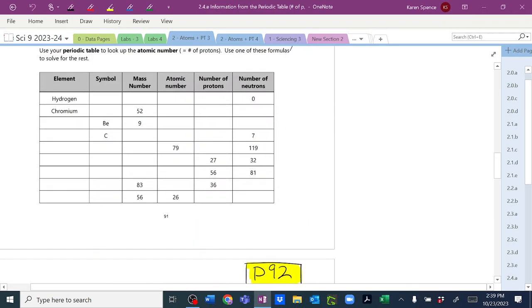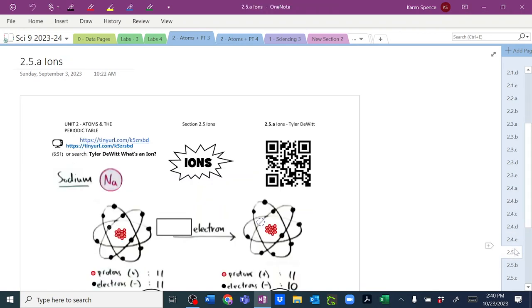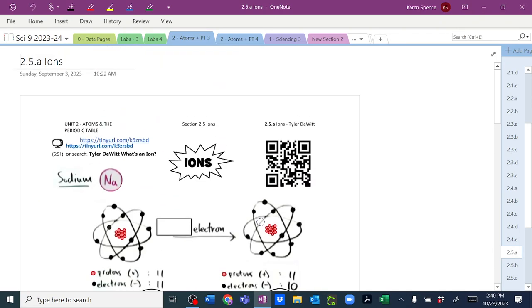Whoa, I'm getting praised. What do you write here? Minus electron?